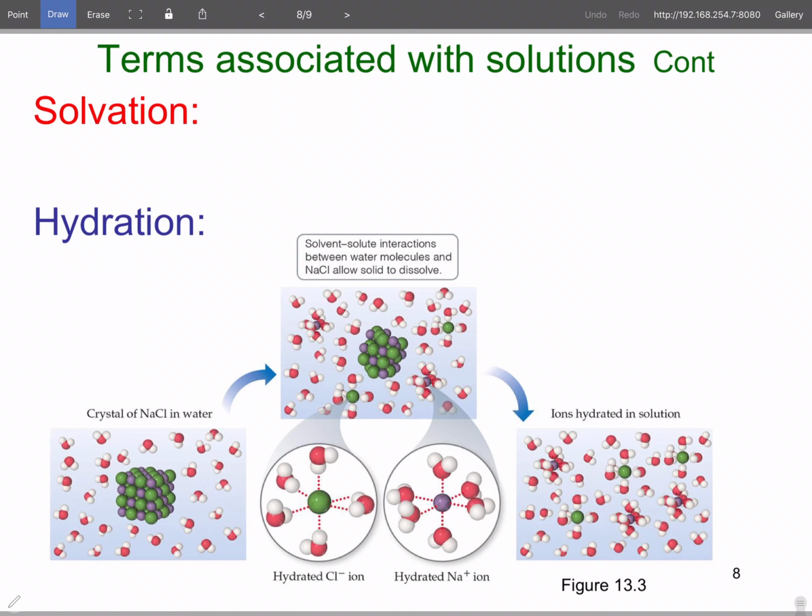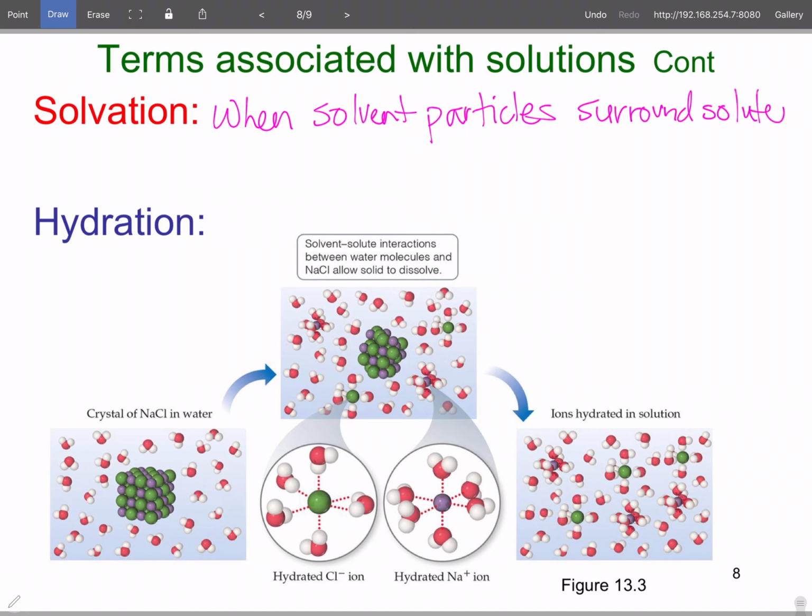All right, so that brings us to another couple terms associated with solutions, which is solvation. That's when the solvent particles, because remember, we are homogeneous, so we are dealing at an atomic molecular level, surround the solute particles. Now, if the solvent is water, we call it hydration.